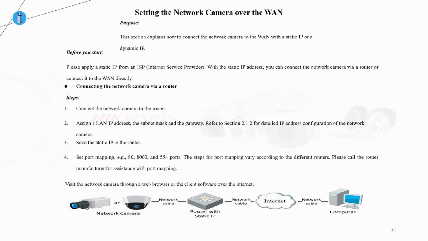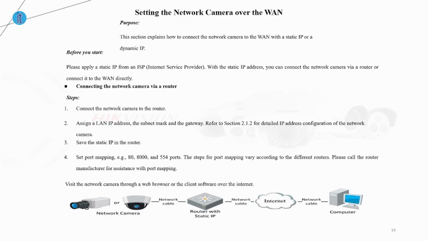You know, I displayed a picture on how to connect it to a LAN. Now, this picture here is showing you how do you connect it to a WAN, that is wide area network. Your IP cameras are here, your network cable is connected to a router with static IP. Now, your router, you have already provided a static IP in your router.